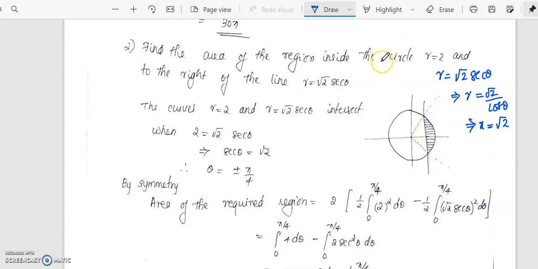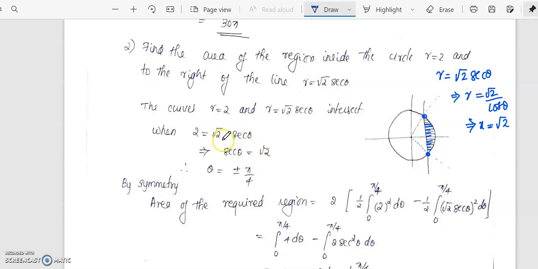Now we need to find the area inside the circle which is towards the right side of the line. So now let us find out what are these two points of intersection. So the point of intersection of the line and circle will be given by equating these two equations. So that will give 2 equal to root 2 sec theta.